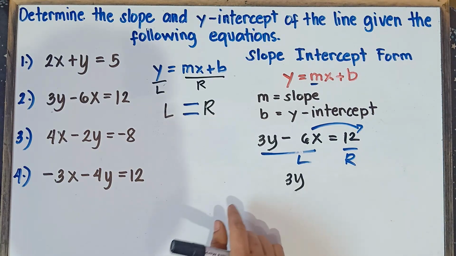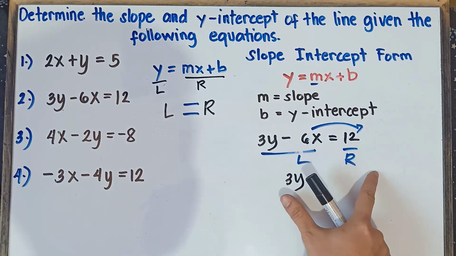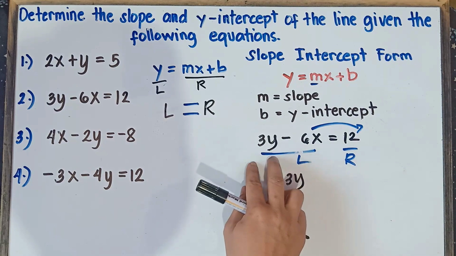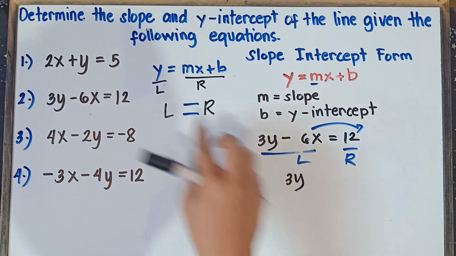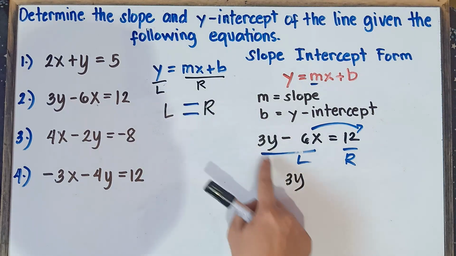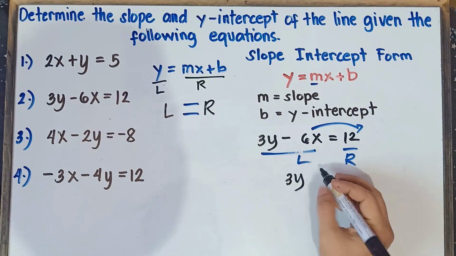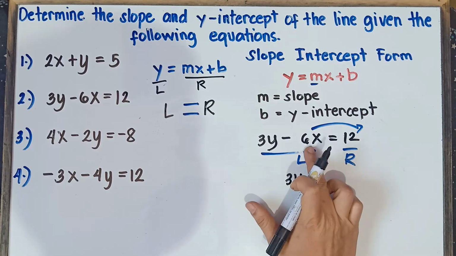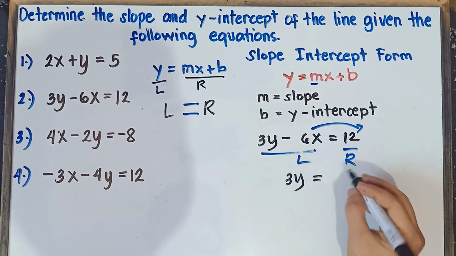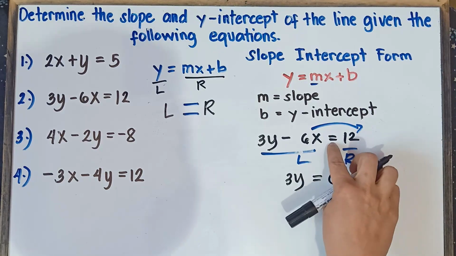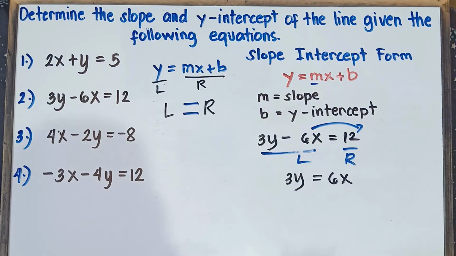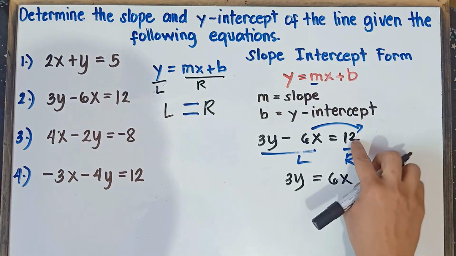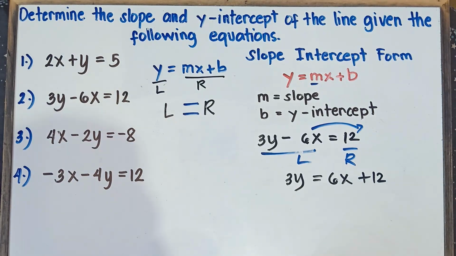Class, do not transpose 3y, because y is on the left side of the equal sign. Copy the equal sign, and negative 6x becomes positive 6x. Then copy positive 12.